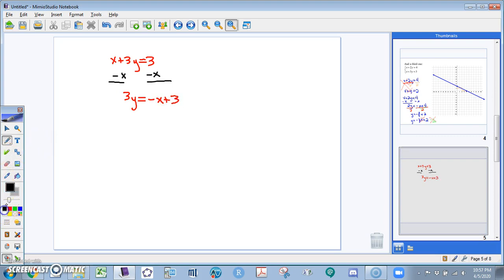Then I need to divide through by 3, divide this entire side by 3. Over here, 3y divided by 3 is just y. Over here, I get negative 1/3 x, plus 3 divided by 3 is 1. So I get negative 1/3 x plus 1.